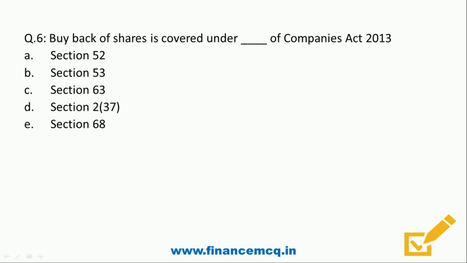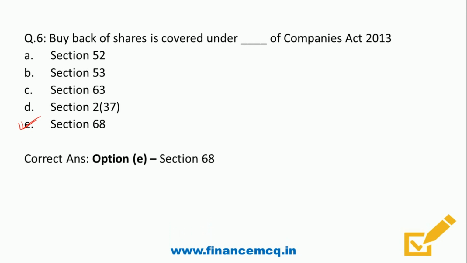Question 6. Buyback of shares is covered under dash section of Companies Act 2013. Option A section 52, option B section 53, option C section 63, option D section 237, option E section 68. Can you tell me the correct section? The answer is option E, section 68, which relates to buyback of shares.